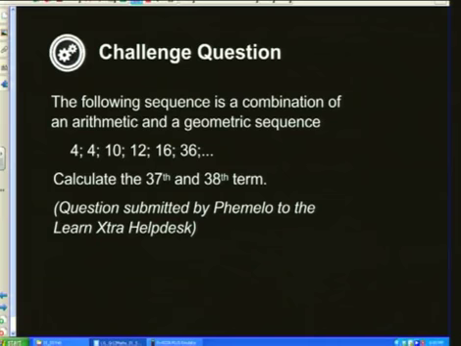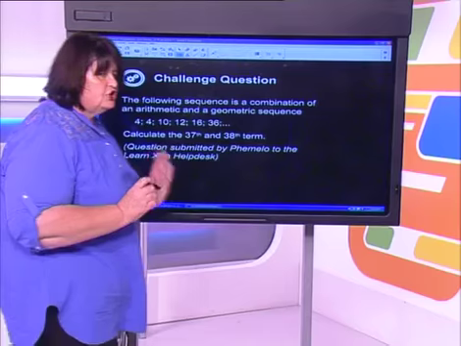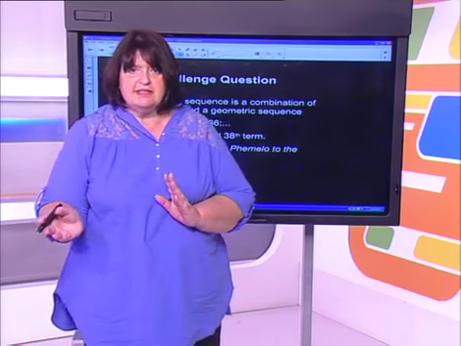Anyway, it's a combination of an arithmetic and geometric sequence. It goes 4, 4, 10, 12, 16, 36. And they ask you to calculate the 37th and the 38th term. The question was submitted by Pamela to the Learn Extra Help Desk. Lovely little question. I want you to start thinking about it and seeing if you can solve it. Later on we will discuss the question, but let's give you some time to give it some thought.